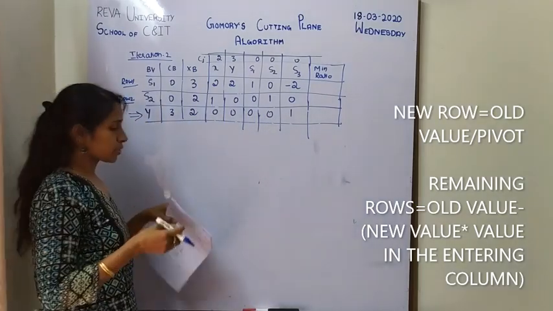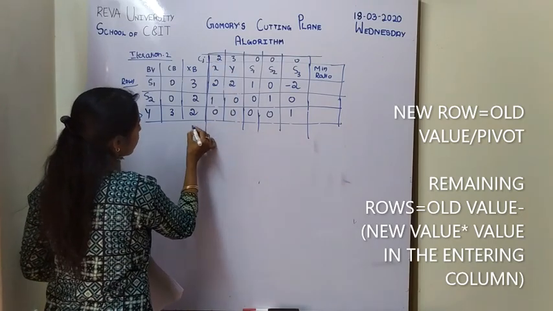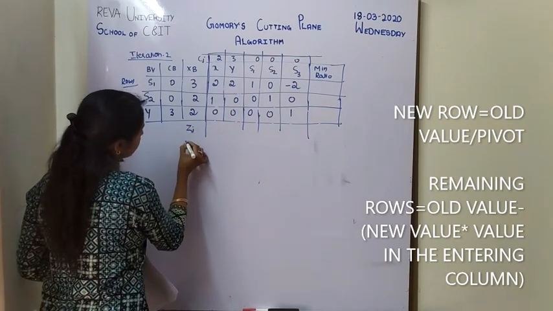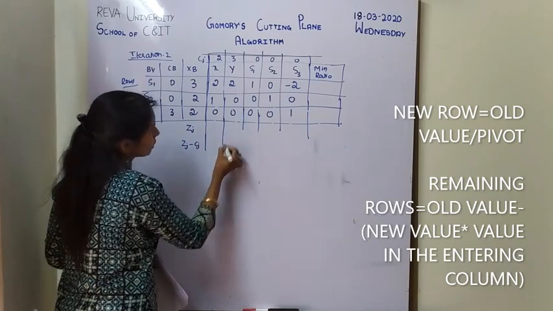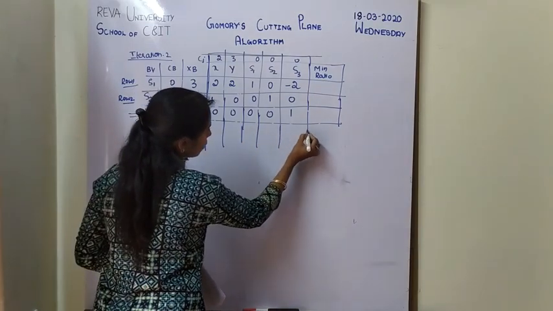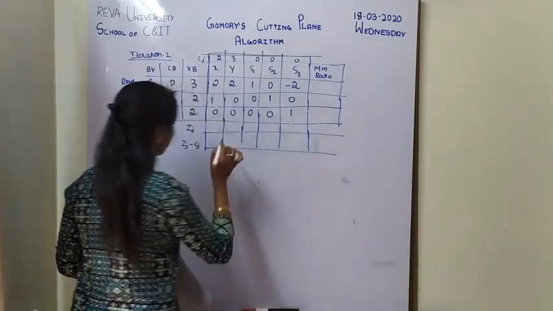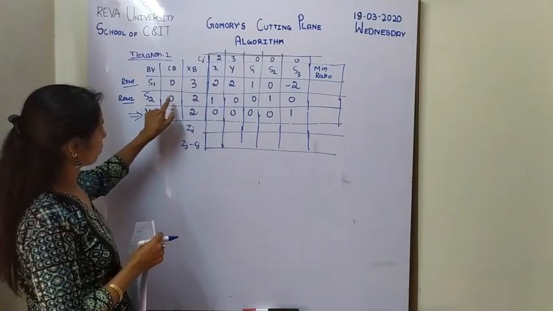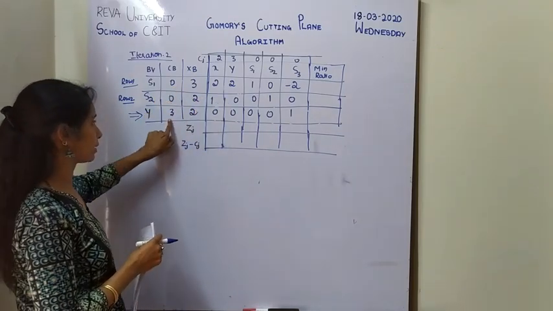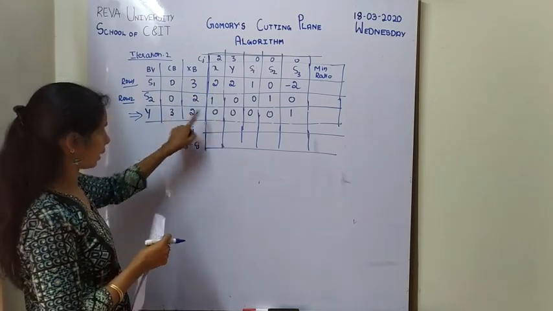As we used to do, we have to find Zj, then Zj minus Cj. These values I have to fill. Now, what is Zj? This into this plus this into this plus this into this. 0 into 2, 0 into 1, 3 into 0.